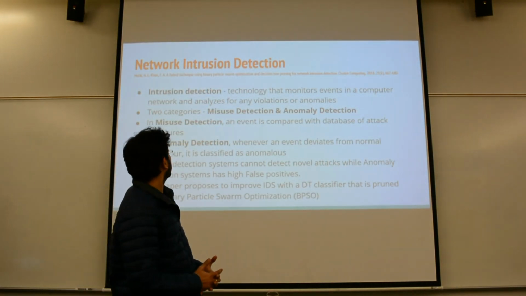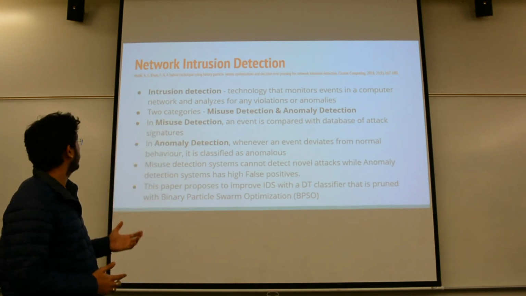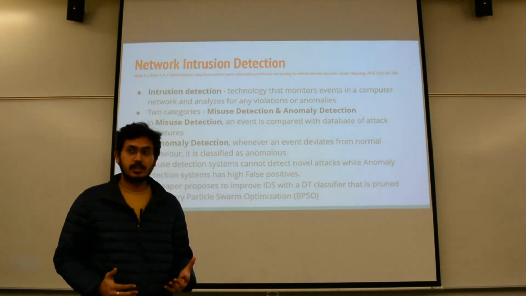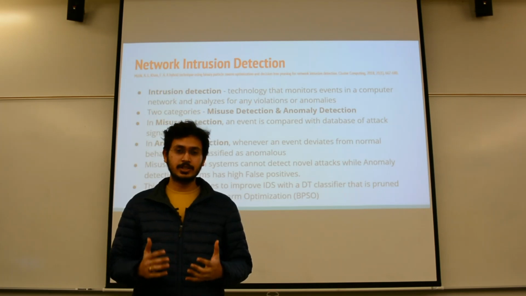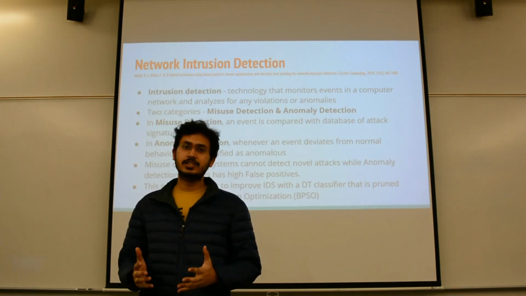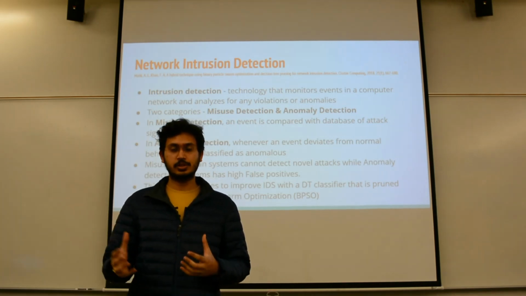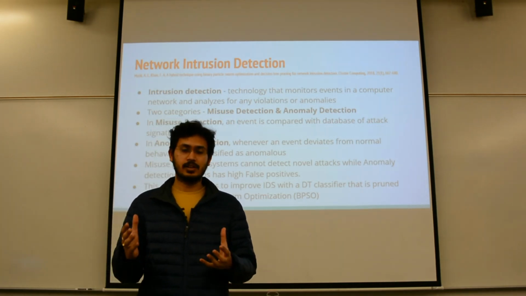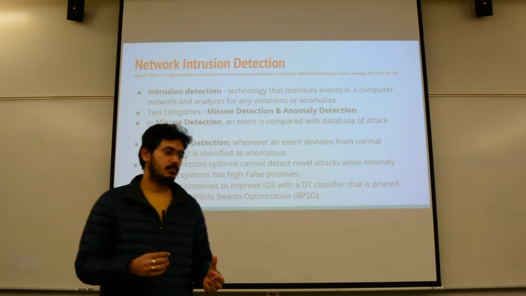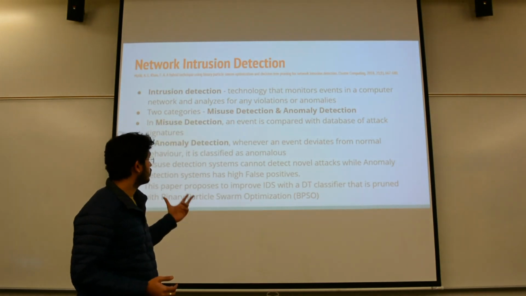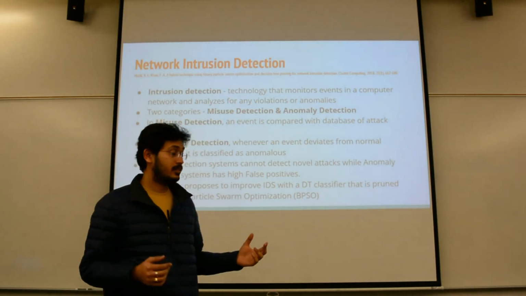So, in the first paper authored by A.J. Malik and A.F. Khan, they talk about intrusion detection systems. Intrusion detection is a technology that analyzes a computer event and categorizes it as normal or anomalous. There are two categories, misuse detection and anomaly detection.